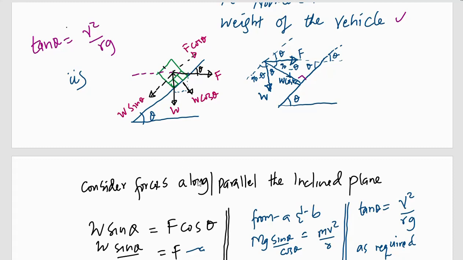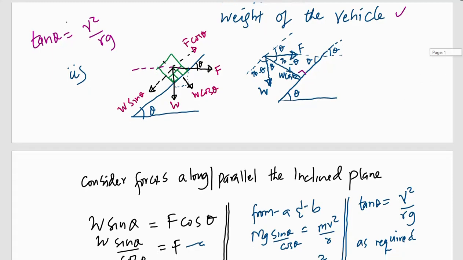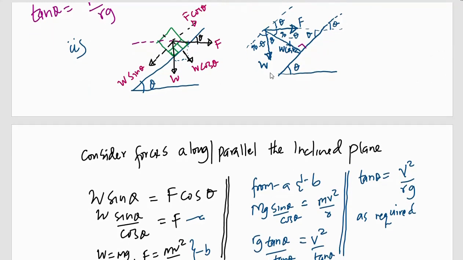Therefore, if I consider forces along the inclined plane, when I resolve those forces, I will have W sine theta. If I resolve this force, this will be W cos (90 minus theta), which is equal to W sine theta. That's why I have it here as W sine theta.